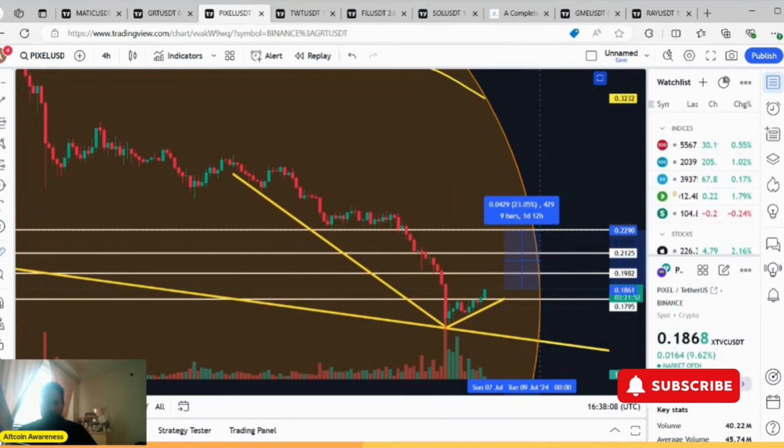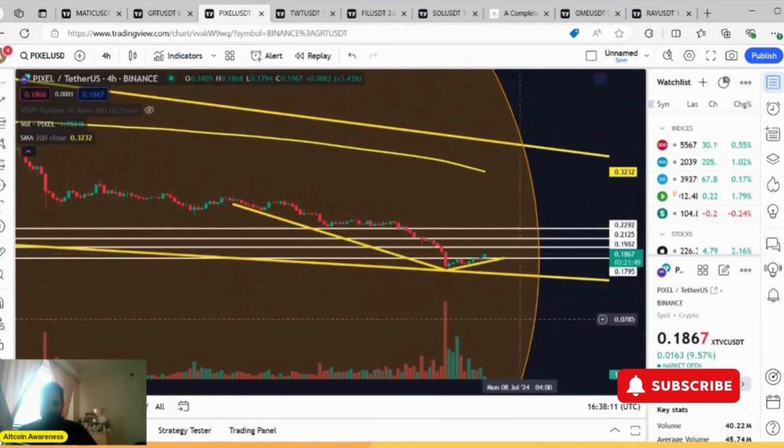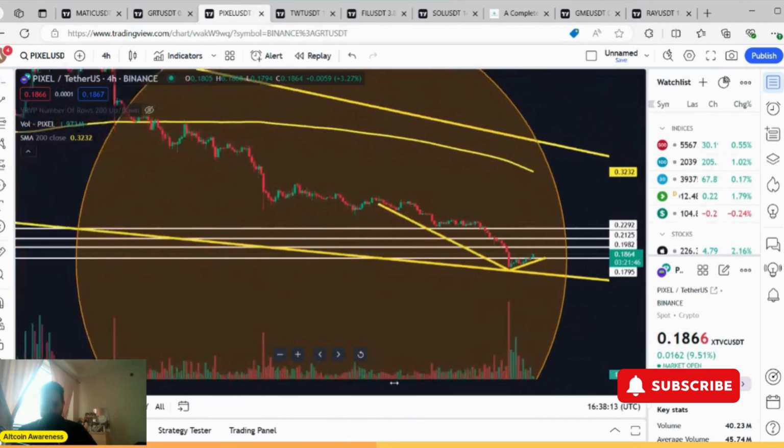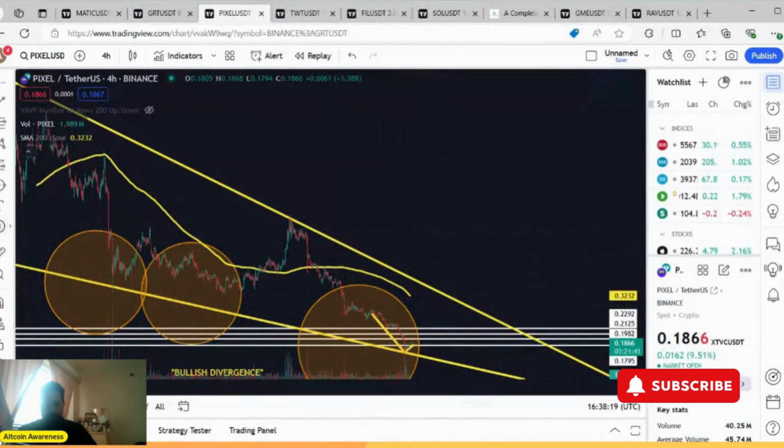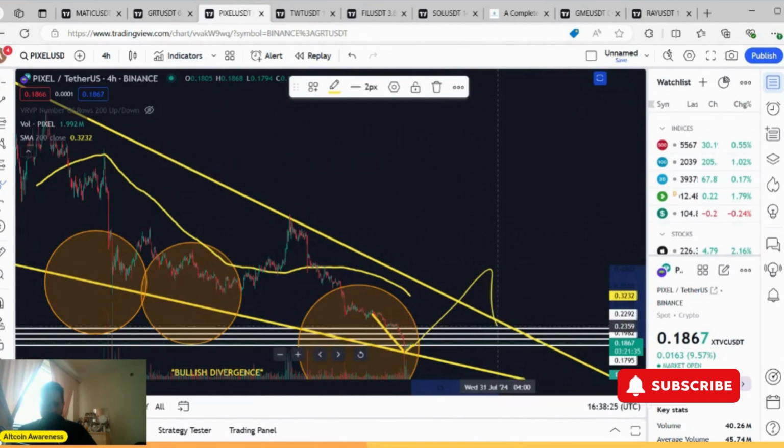However, we want Pixelverse to get a breakout of this triangle pattern, okay, something like this, sometime. Now, because the price action keeps moving inside the triangle pattern, you have to assume that we're going to continue moving inside this pattern, okay?